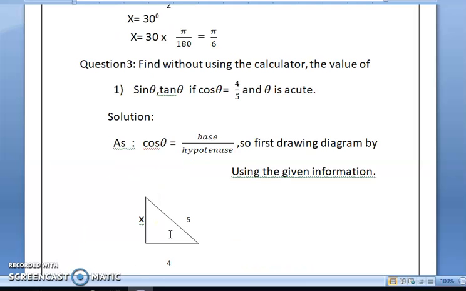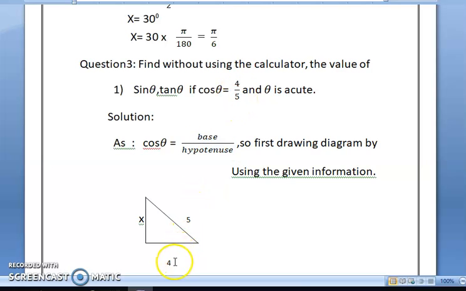Next question, question number 3. Find without using the calculator the values of sin theta and tan theta when cos theta is given as 4 over 5, and they are also saying that theta is acute. Acute means less than 90 degrees. By using cos theta equals 4 over 5, and we know that cos theta is equal to base over hypotenuse, we draw a right angle triangle for easiness.